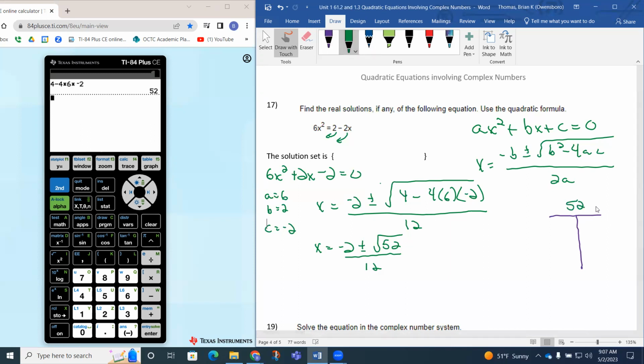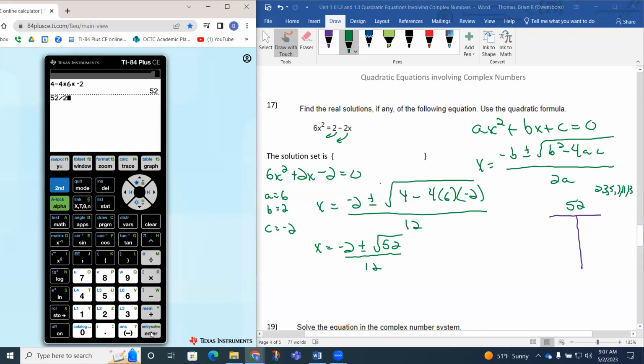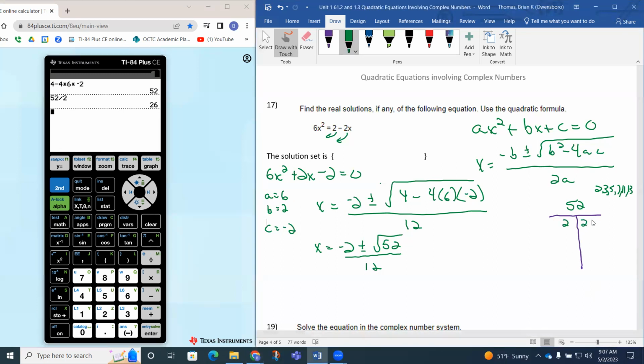So remember, I like to use the prime numbers 2, 3, 5, 7, 11, and sometimes 13. So we're going to start with, since 52 is even, we're going to divide a 2 out. So half of 52, that's not as easy. It's 26, I believe. So 2 goes into 52 26 times.